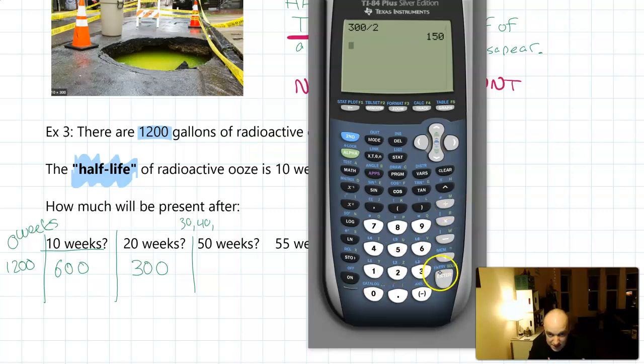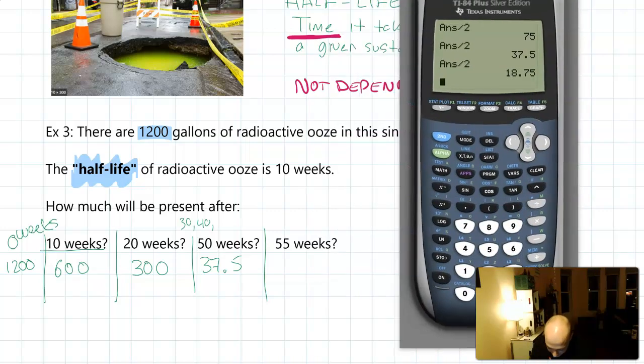That will be 30 weeks. There's 150. Divide by 2 again. At 40 weeks, there's 75. Divide by 2 again, because we've now gone 5 total half-lives, we'll have 37.5 gallons left.